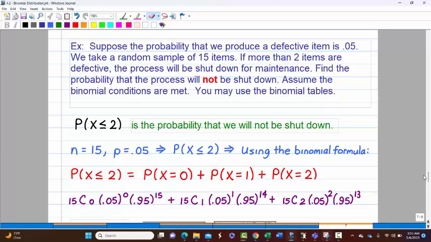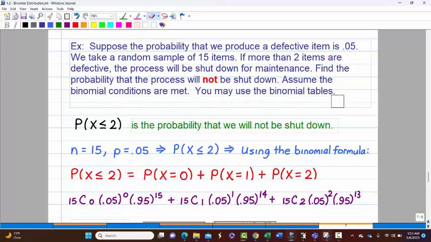If more than 2 means shut down, that means 3 or more, 3 all the way to 15. So not shut down would be 2 or less, the opposite of 3 or more. If they come in and find only 2, 1, or 0 defective, we're in good shape. We passed the test. And here it just says assume the conditions for binomial are met.